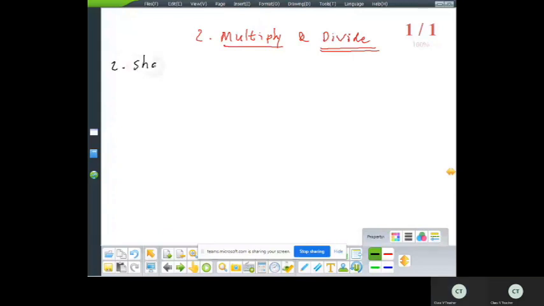Share 10 bananas equally between 2 boys. Yes.